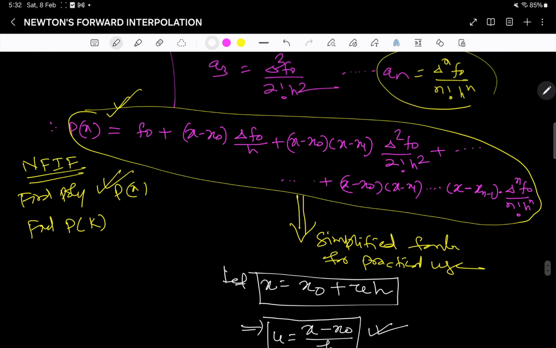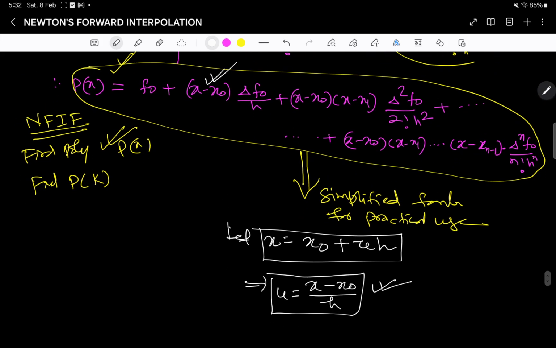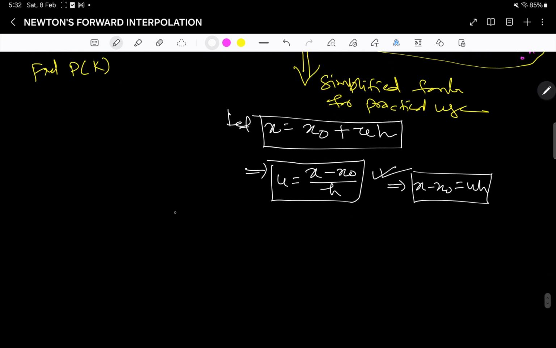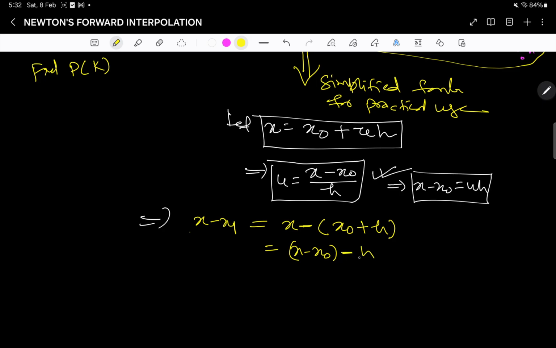So now coming to what is x minus x0. Now this implies my x minus x0 is u h. Now if I ask what is x minus x1, I write x minus x1 where x1 is x0 plus h, is it not? So this is x minus x0 minus h, x minus x0 is u h, so this is u minus 1 into h.